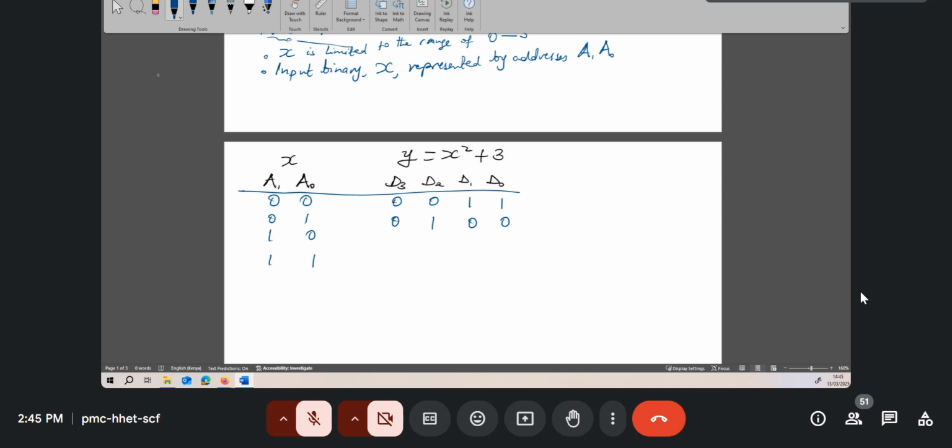Yes, correct. So that will be 7, 0, 1, 1, 1. And finally, when we have x as 3, y will be 12. What is 12 in binary? 1100. It's correct: 1, 1, 0, 0.